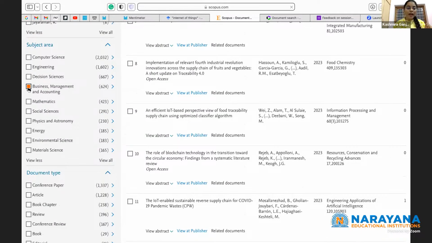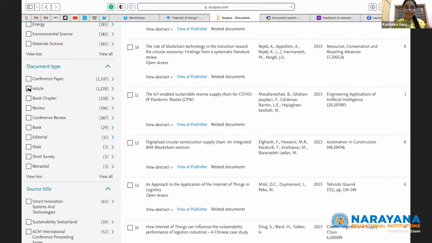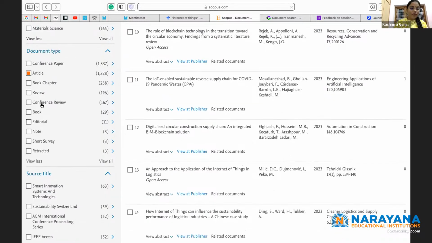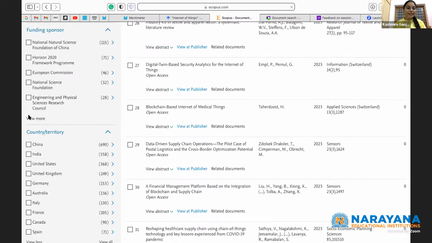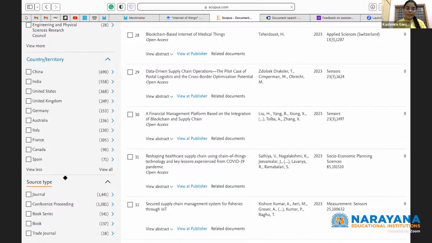And also I want to review only journal articles, not conference papers or book chapters, reviews and all. I can also restrict to already published articles, final articles. These are all different limitation criteria, inclusion and exclusion criteria.